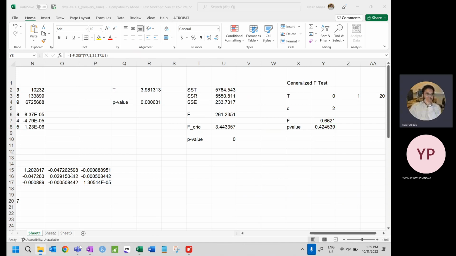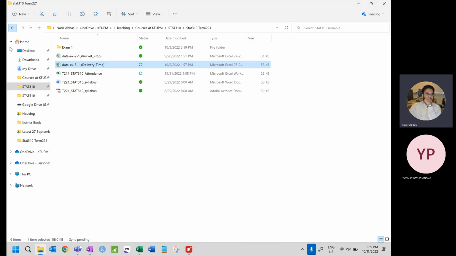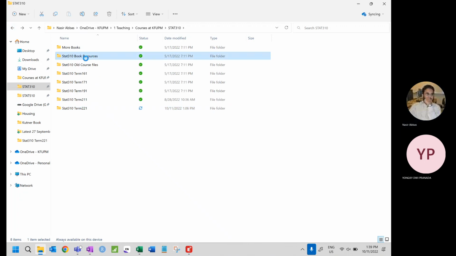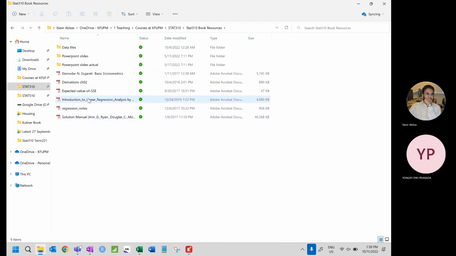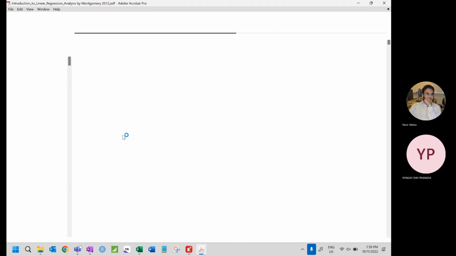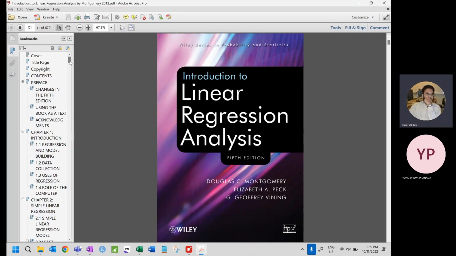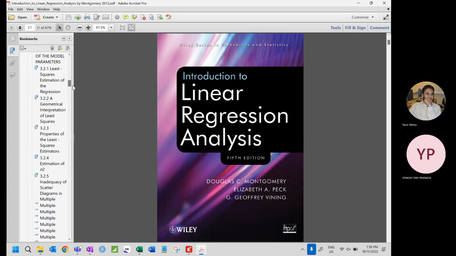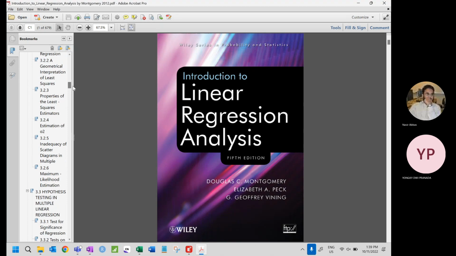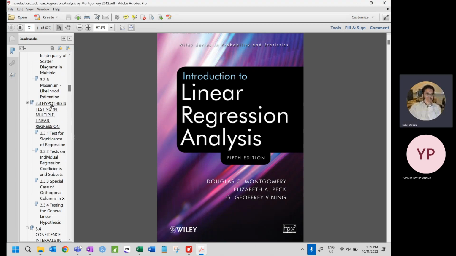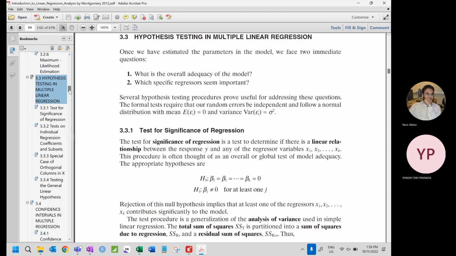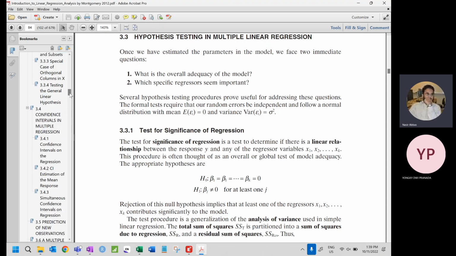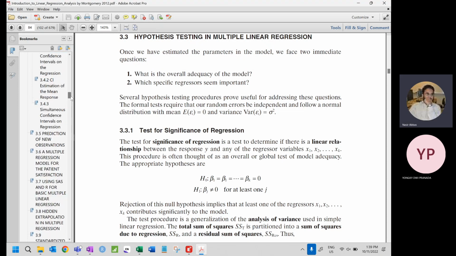No questions. In case of no questions, let me see what's next in the book. There are two main topics left in the book. We are done with 3.3, the hypothesis testing, all types of hypothesis testing.